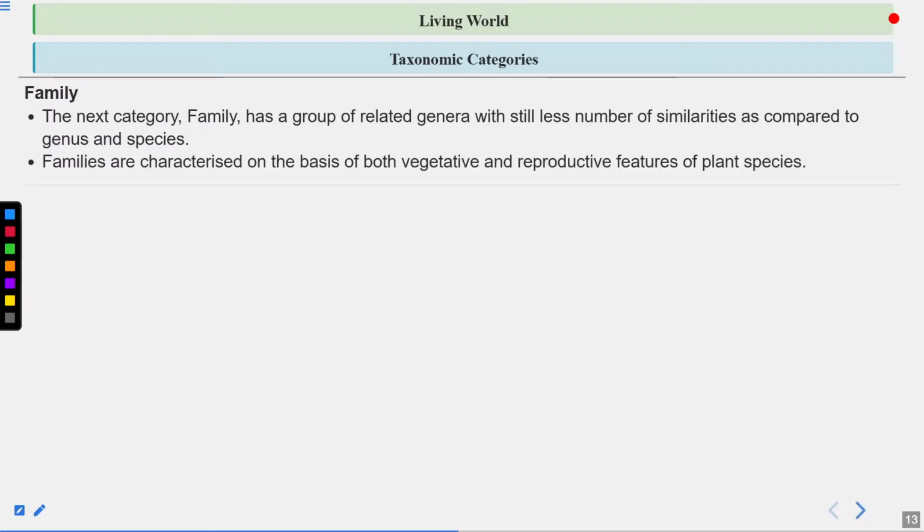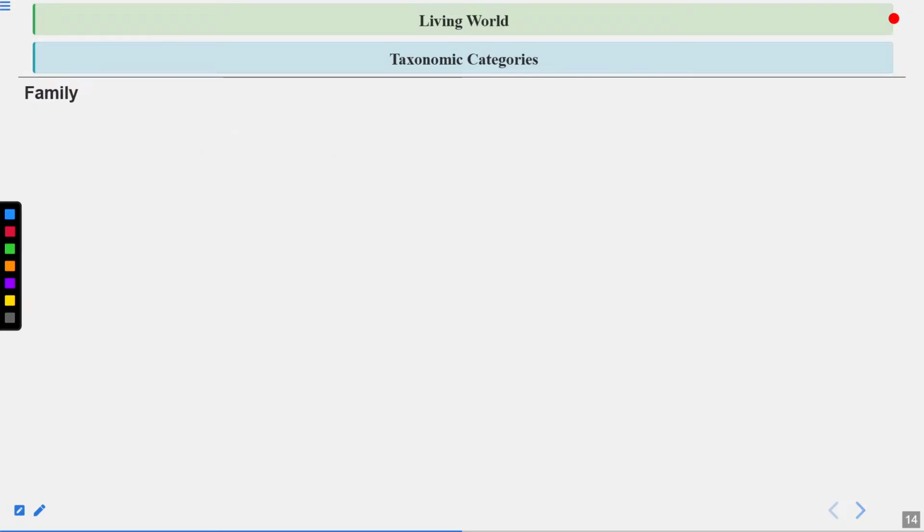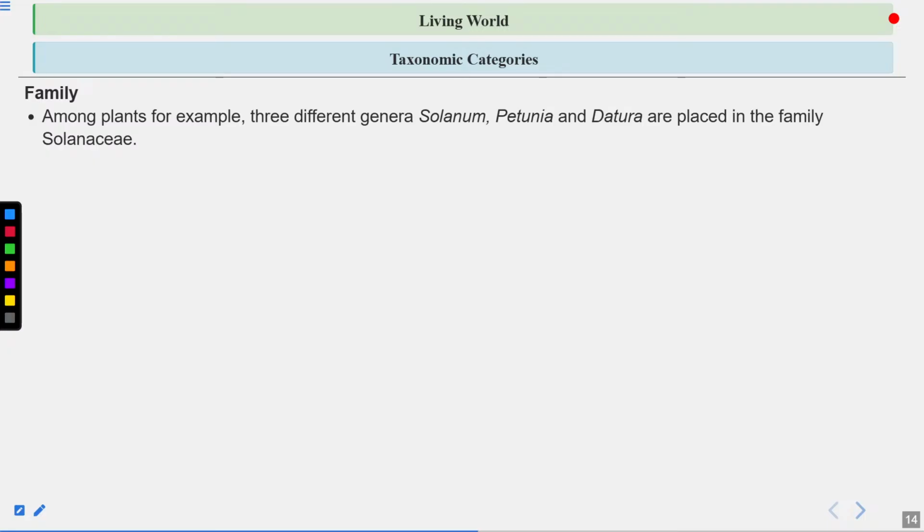Now, families are characterized on the basis of both vegetative and reproductive features of the plant species. Vegetative features for plants are roots, stem, leaves. Reproductive features are the flower, the inflorescence. Among plants, for example, three different genera, Solanum, Petunia, and Datura, are placed in the family Solanaceae.